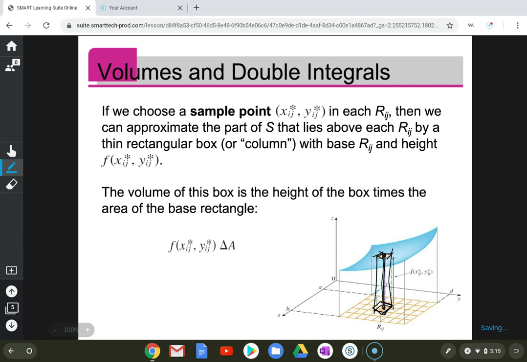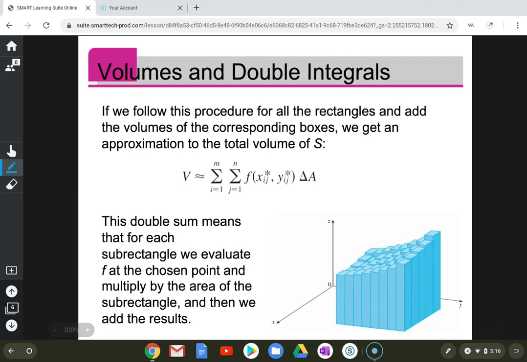And then we do this for all the rectangles, add them all together, and what we end up with is something that looks like that. So we're approximating volume under a surface, between the surface and the XY plane, using these rectangular prisms and adding them all together.